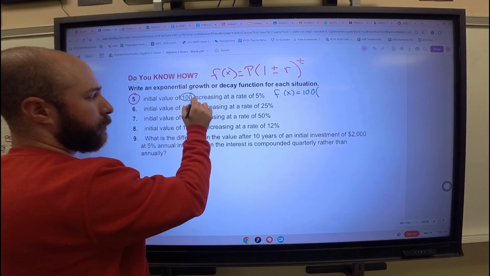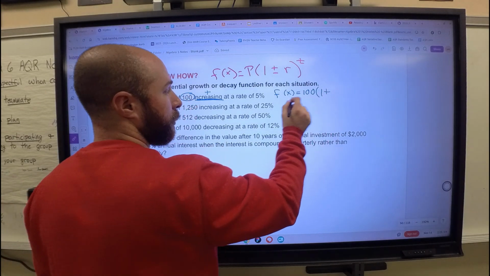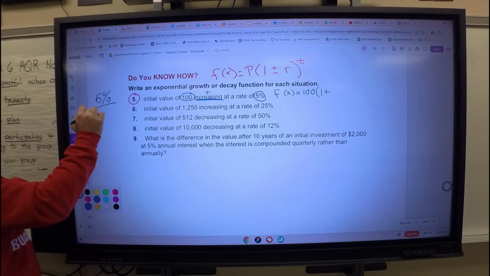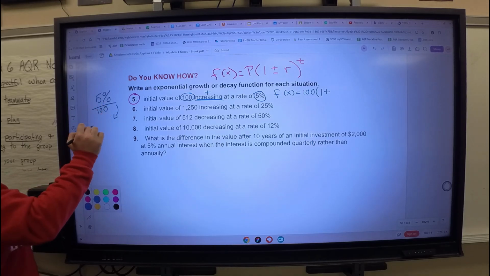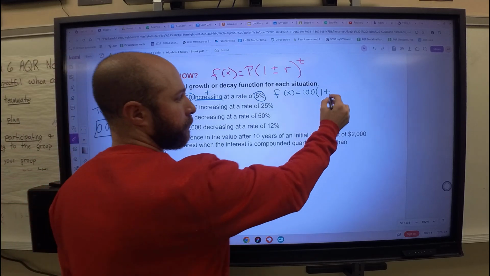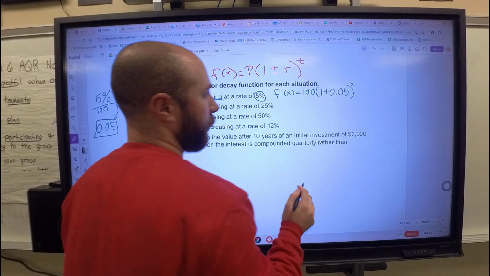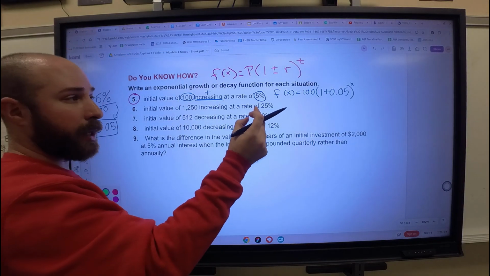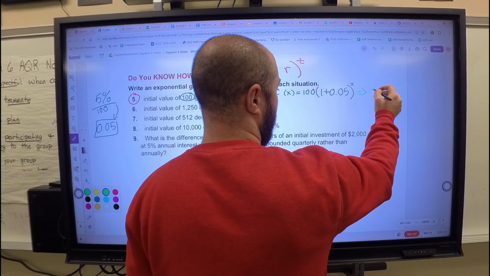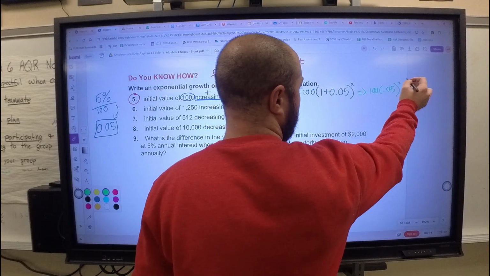We have an increasing. Increasing tells us it's growth, so we are adding. And at a rate of 5%, well, remember 5% divided by 100, that gives us 0.05 for our r. And then the only thing that we have to do is combine that 1 plus 0.05. So we have 100 times 1.05 to the x.